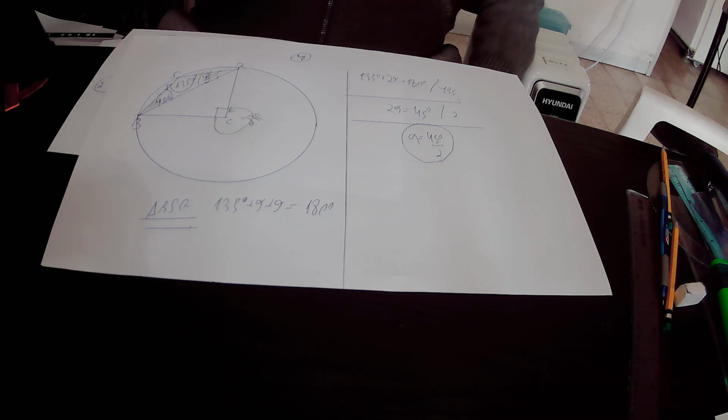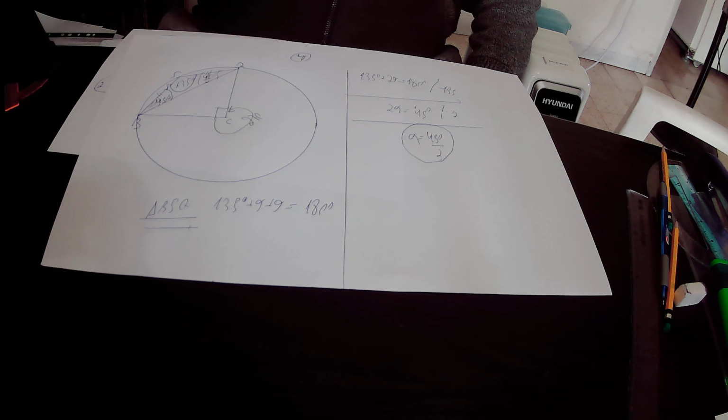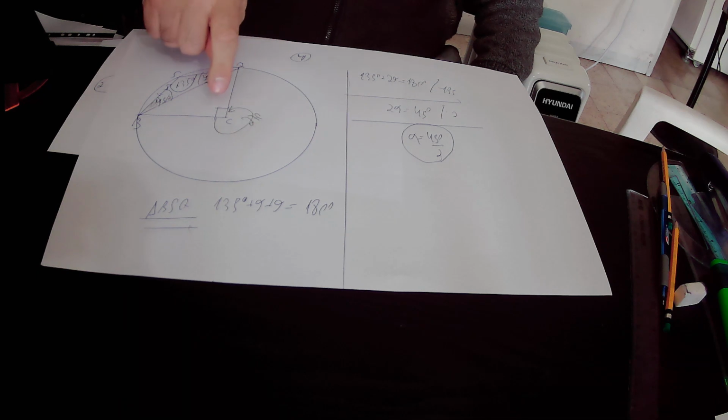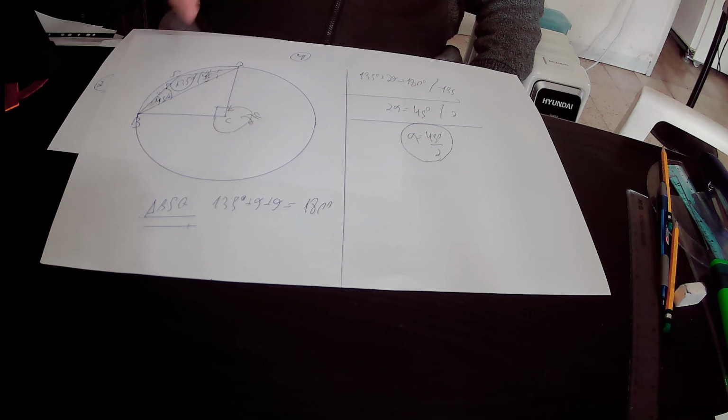So which angles do we have around point C? We have this angle equal to 90 degrees, plus the missing angle, and in total it must be equal to 360 degrees according to rule number 6. Because this angle equals 90 degrees, the missing angle must be equal to 270 degrees. 270 degrees plus 90 degrees is 360 degrees.